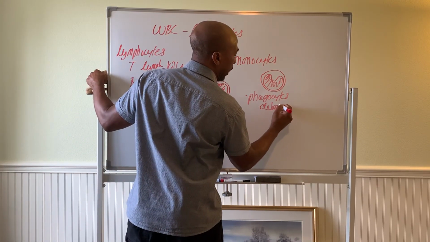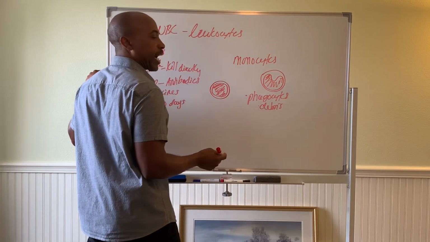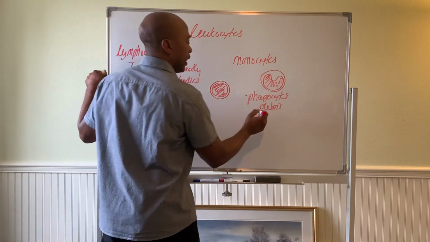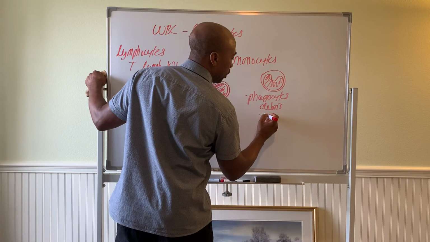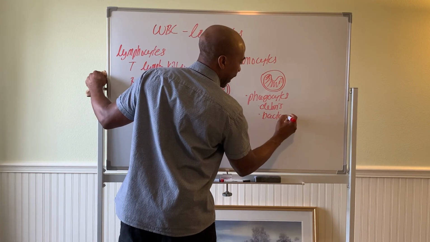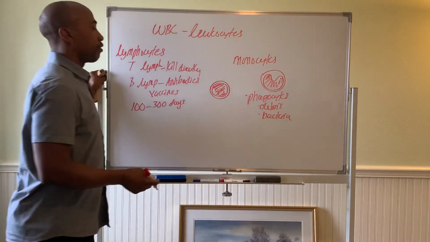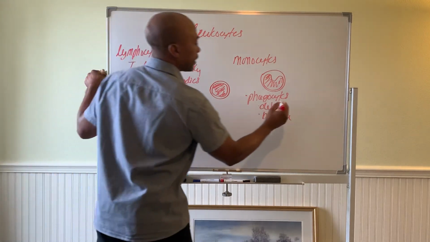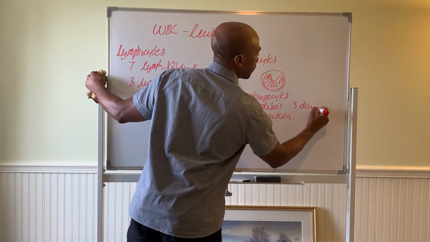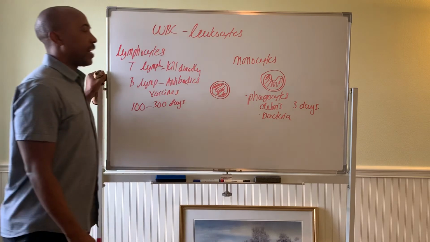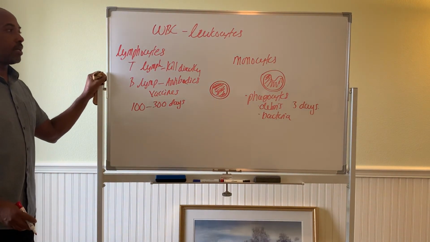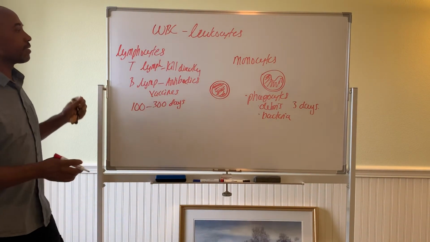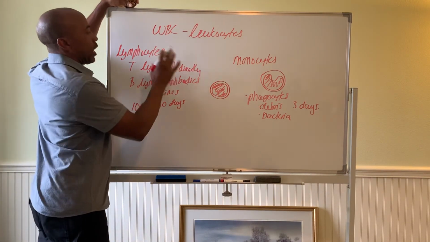So they're your debris removers, getting rid of extra stuff you don't want in the tissue. They can also destroy bacteria while they're at it. These last about 3 days. So those are your 5 types of leukocytes.